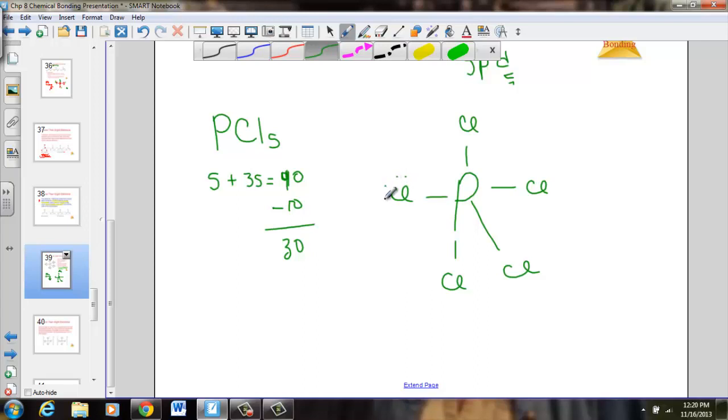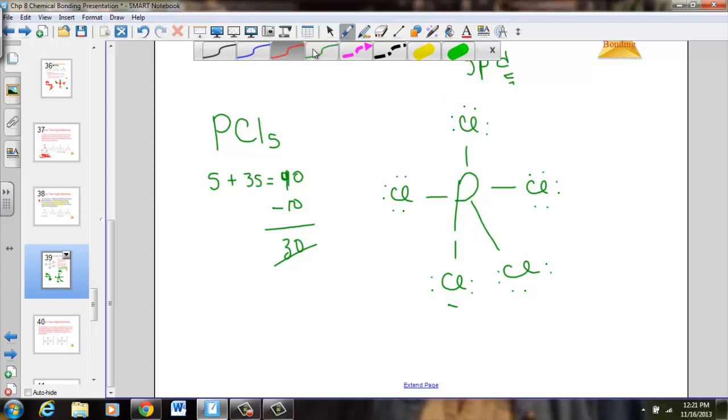1, 2, 3, and so on up to 30. No dots left when I complete the octet.